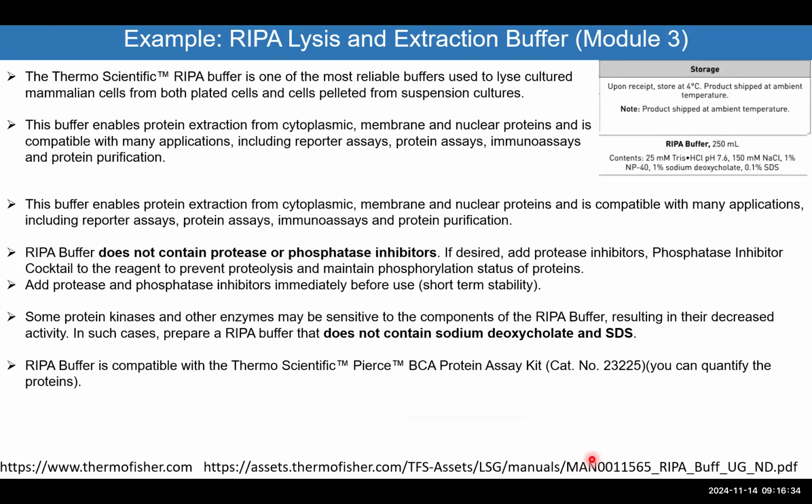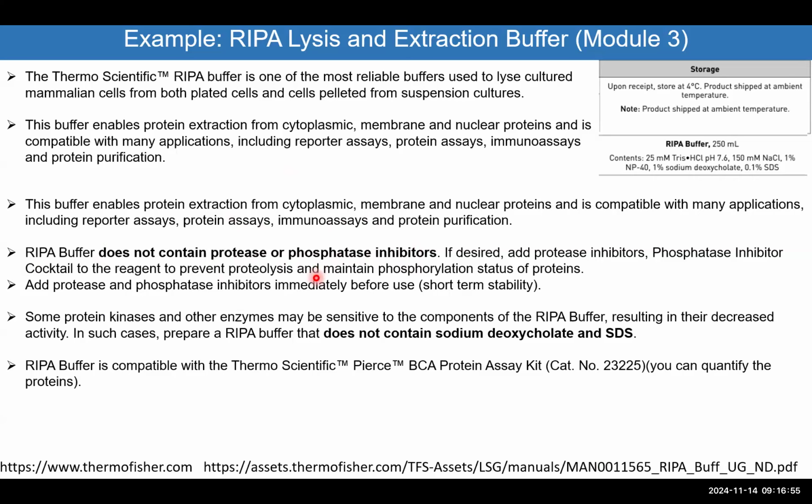Now, the most widely used buffer is RIPA buffer, and the components are there. We discussed that. You have to be careful that the RIPA buffer needs supplementary components like protease and phosphatase inhibitors. So you want to kill those enzymes.